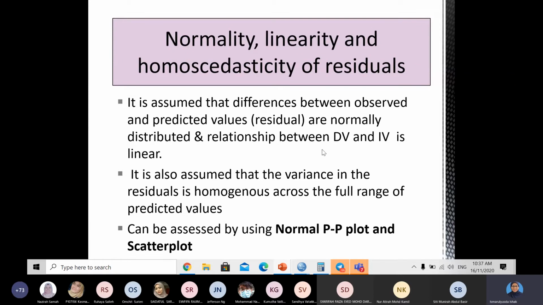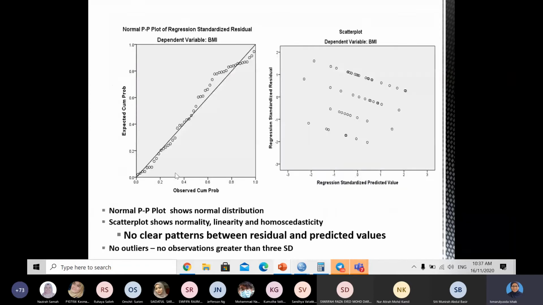This one is a normal P-P plot. This is the scatter plot. This normal P-P plot shows a normal distribution where all the dots, the observed and expected, are in a straight line.